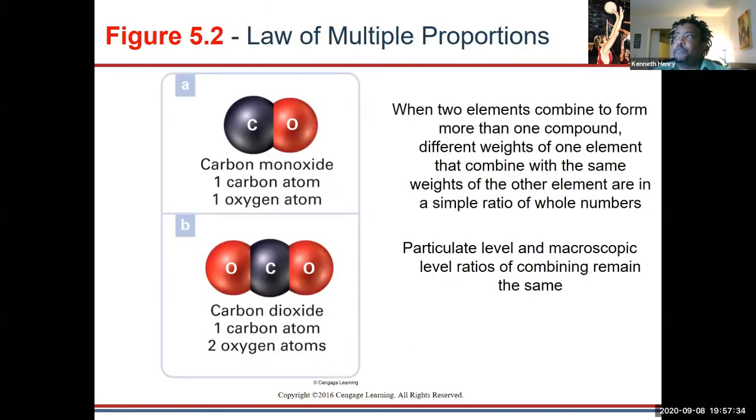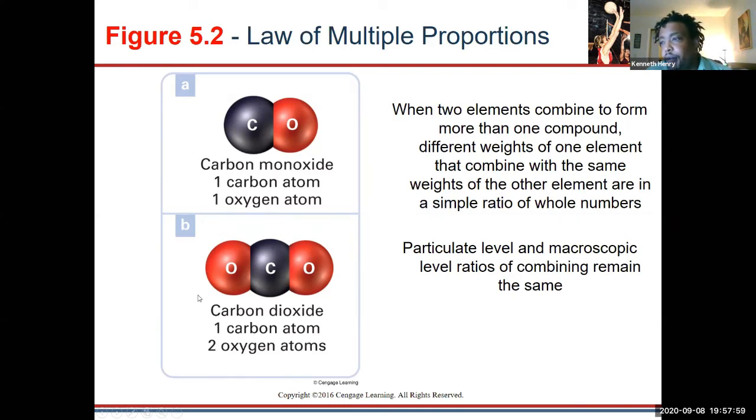Okay, so the law of definite or multiple proportions, or definite composition, three different terms, essentially means the same thing. So this law basically says, I'll just sum it up real quick. In this molecule here, we have carbon monoxide. So that's 1 carbon atom to 1 oxygen atom.